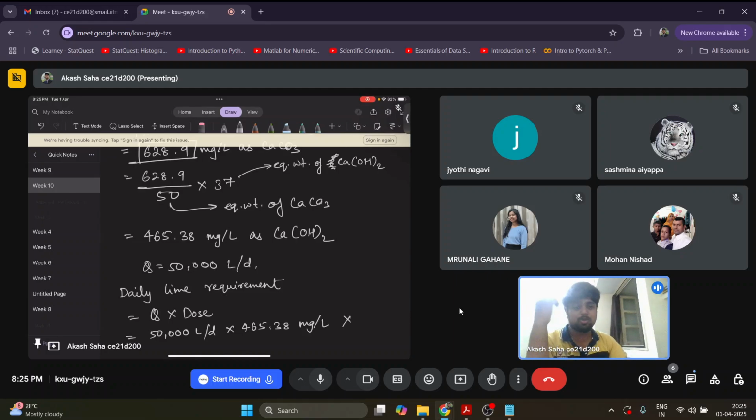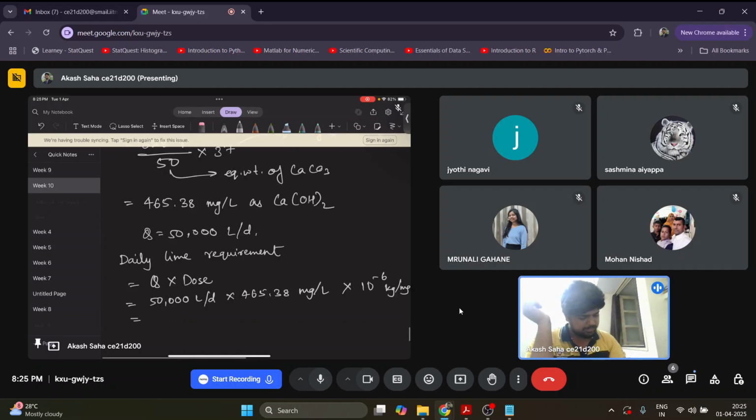I will change milligram into kg because this value will be too big, so 10 to the power minus 6 kg per milligram. I will get 23.27 kg per day. So per day I need 23.27, but this is if it is 100% pure lime.